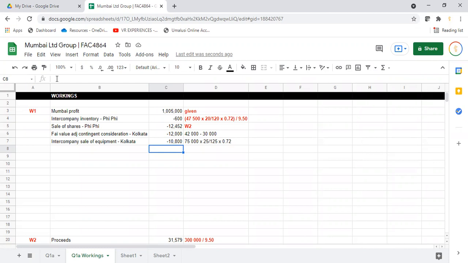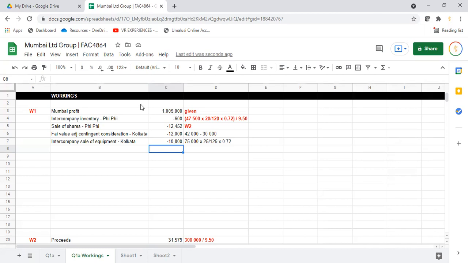What's important to understand is that there's also going to be an impact on depreciation, because Kolkata bought the equipment at an amount that is higher than the group wants.